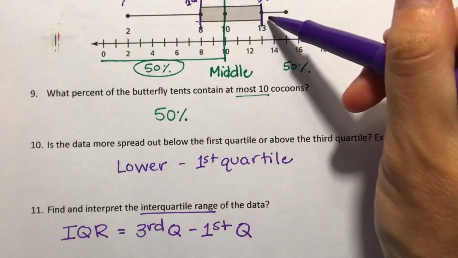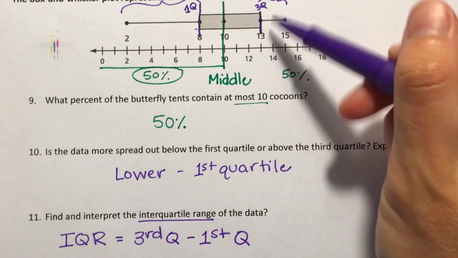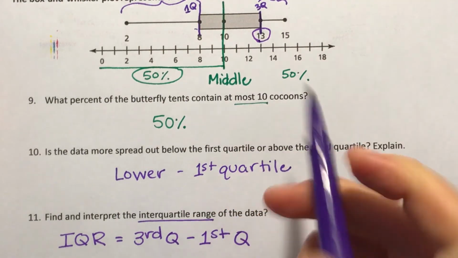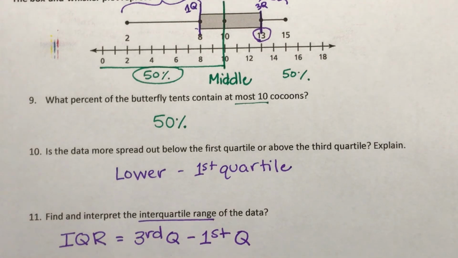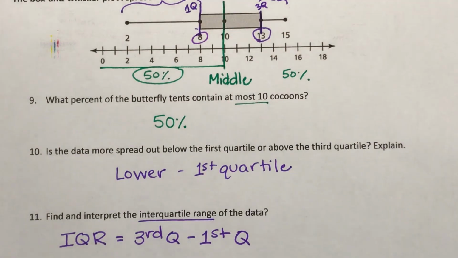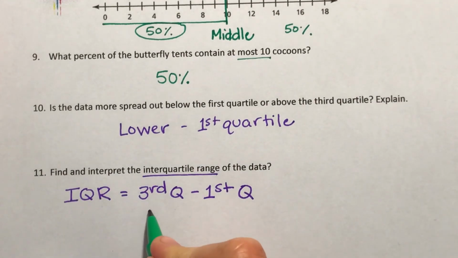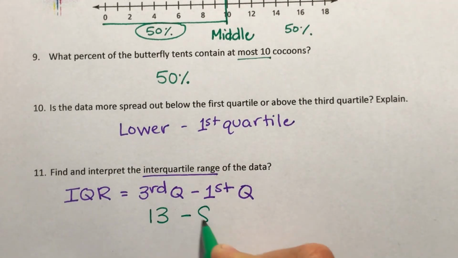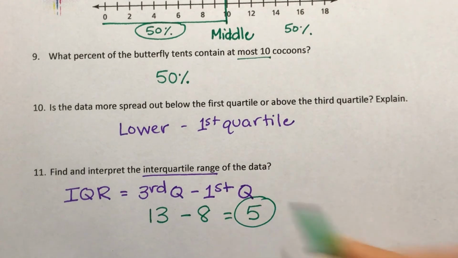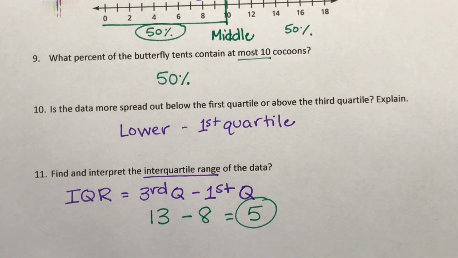So those two ends of your box make the box part of the box and whisker plot. I've got the number 13 for the third quartile, and the number 8 for the first quartile. So I've got 13 minus 8. I just do that subtraction problem. And my range, from one side to the other, is 5.